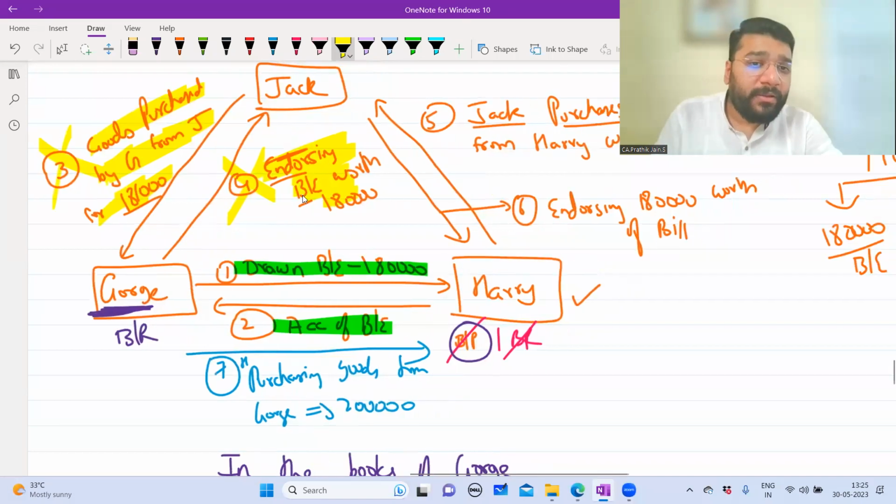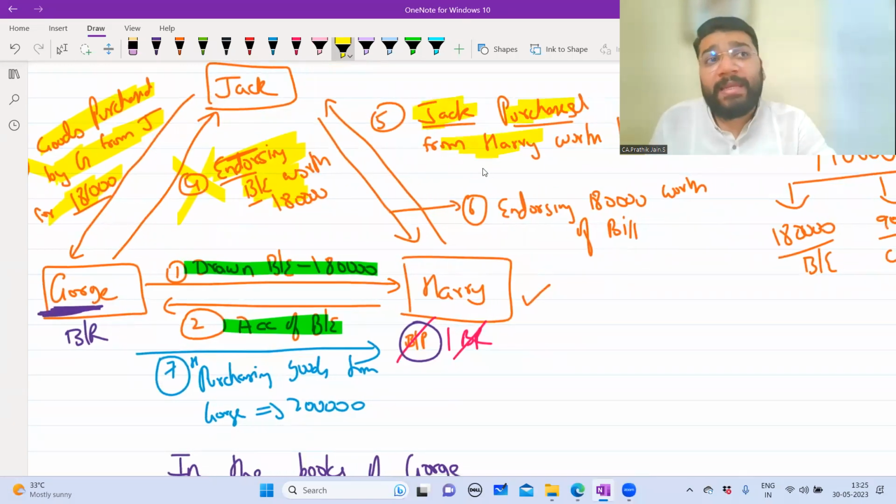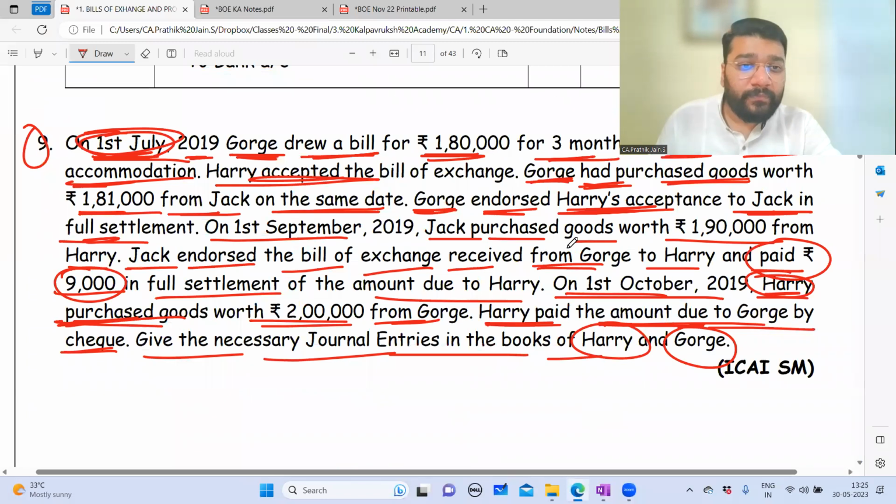Then what is happening? Fifth entry, Jack is purchasing the goods from Harry. So Harry is purchasing or selling? If for Jack it is purchase, for Harry it is sale. So what is the sale entry? On which date? On 1/9/2019, Jack purchases from Harry.